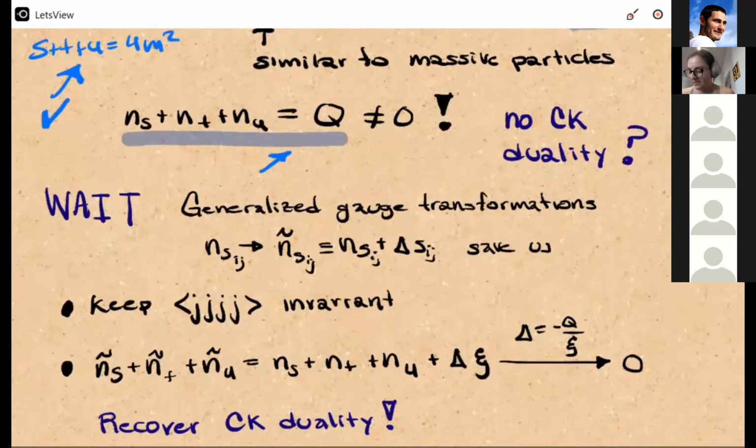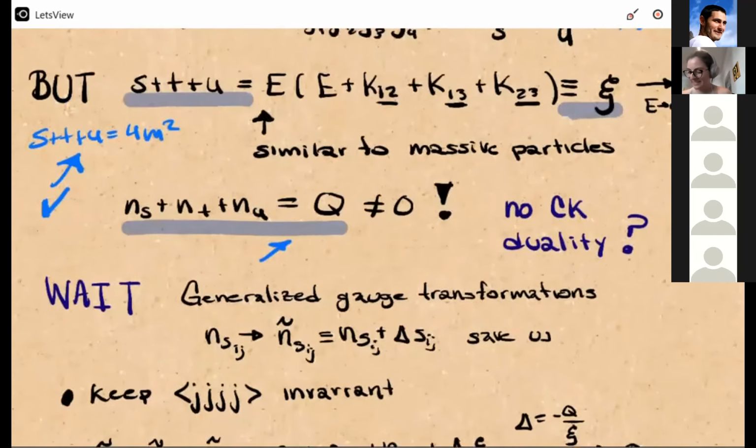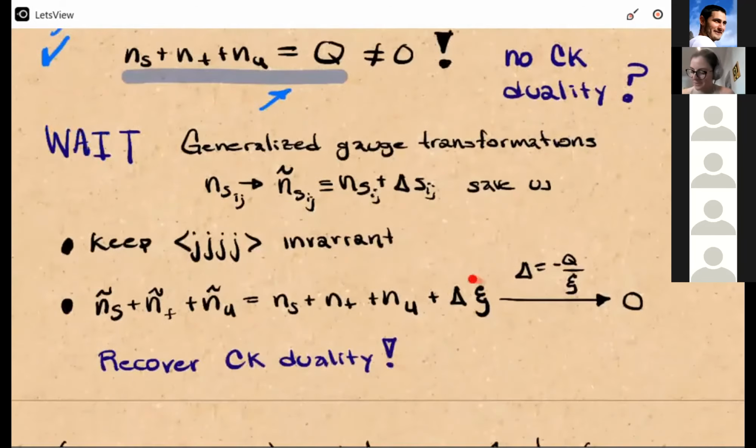So if instead of working with this, I work with this tilde version where I shift them by a delta, an arbitrary function, times s, the Mandelstam variable, then I will have ns plus nt plus nu, and this will be a delta times s plus t plus u, which in this case is this psi. So now I have this delta psi, which gives me the opportunity to pick my arbitrary delta to be whatever I want, which in this case could be minus q over psi, because this is going to be equal to q, and then that will go to 0.